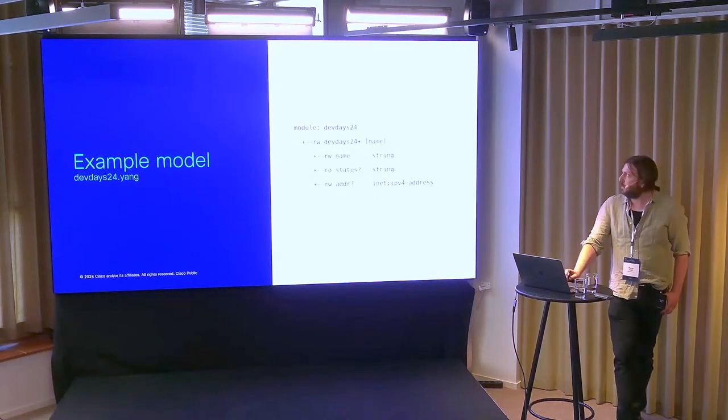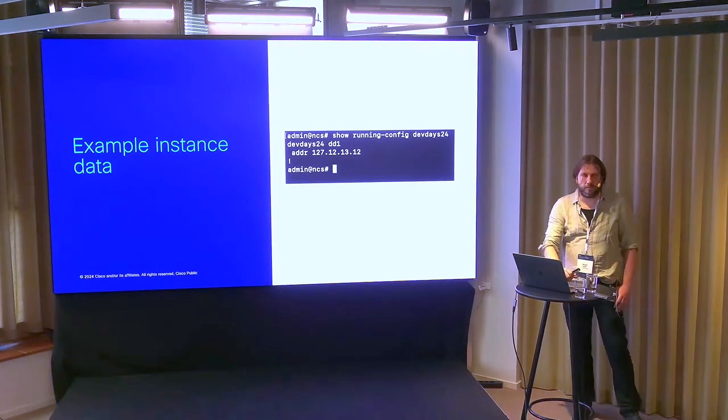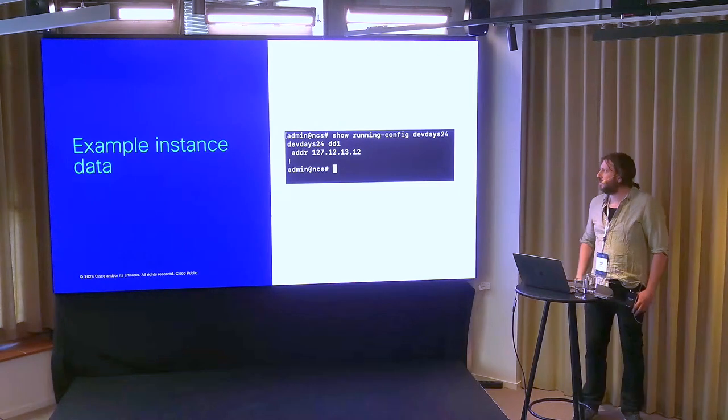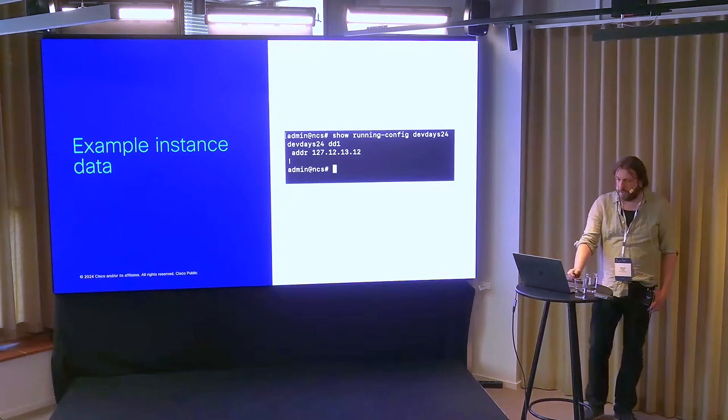I will use this in the coming examples with some instance data, because the CLI tools tend to work on instance data, not on schema. To make use of this, I populate it a bit with example data. So in this case, I have one list entry in devdays24 called DD1, and it has one IP address configured, and there is no operational data set.